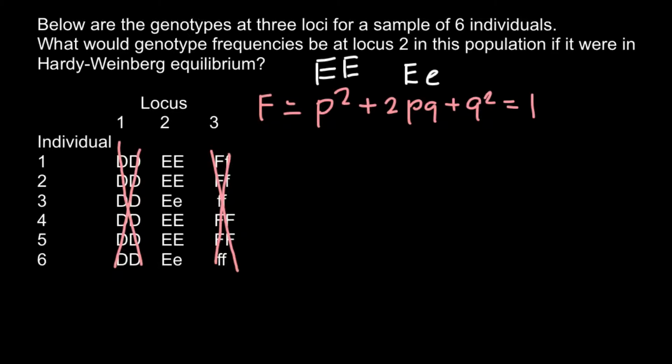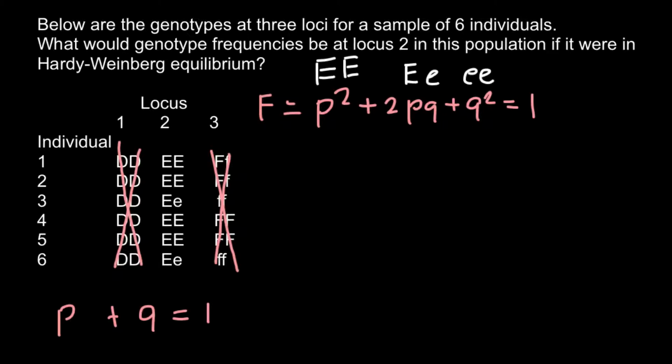And q squared stands for the homozygous recessive genotype, or small e, small e. And all the alleles p plus all the alleles q, when we add up these frequencies, would equal 1, or 100%. So 1 in our calculations equals 100%.